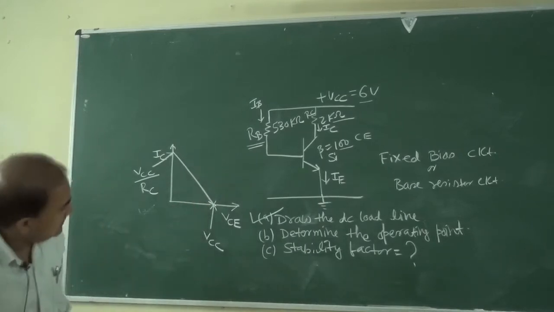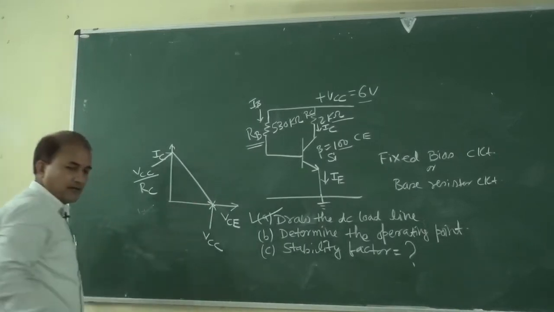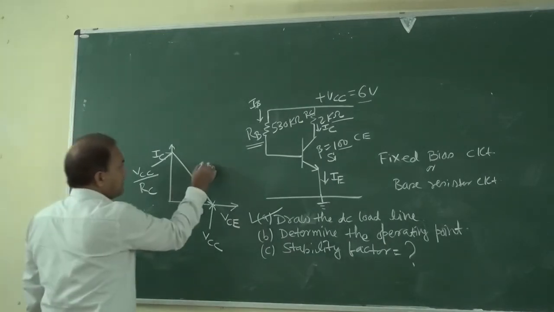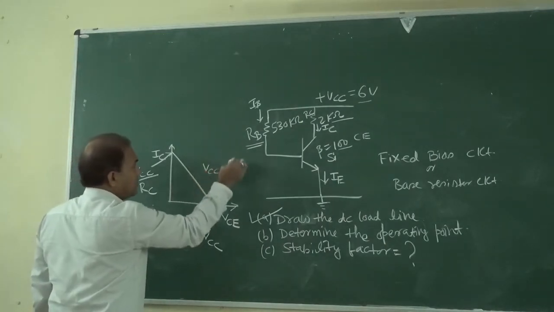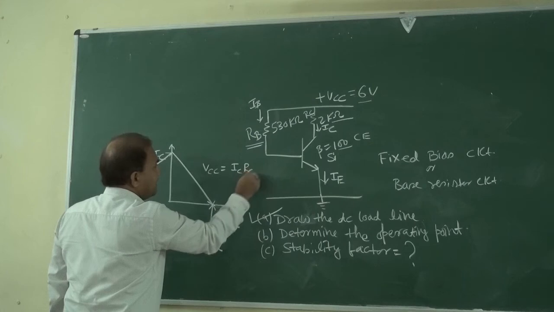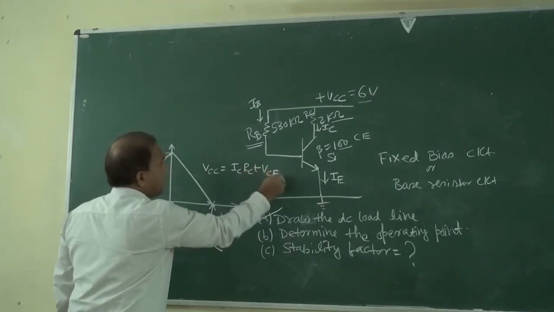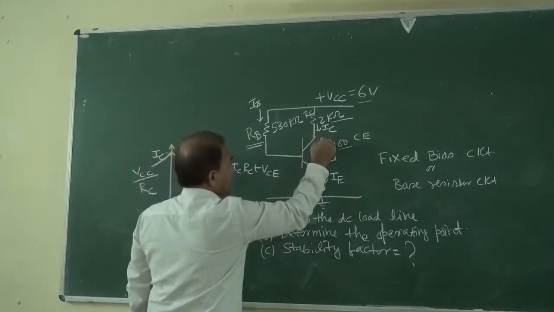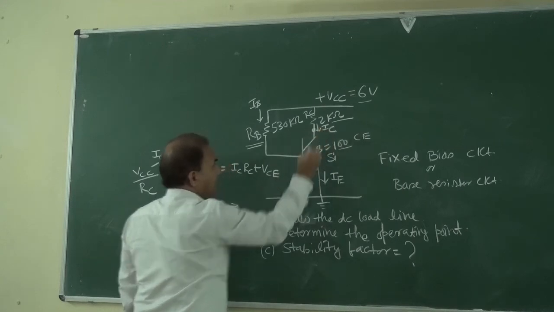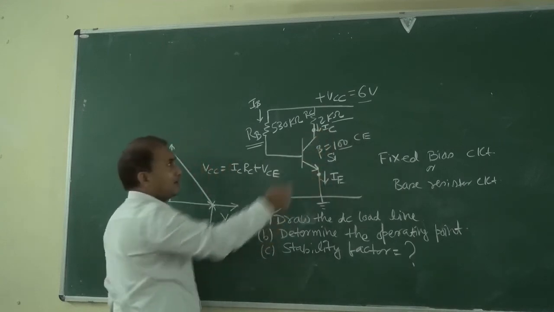How can we determine the equation for the DC load line? VCC is equal to IC RC plus VCE. This is the collector and this is the emitter terminal.